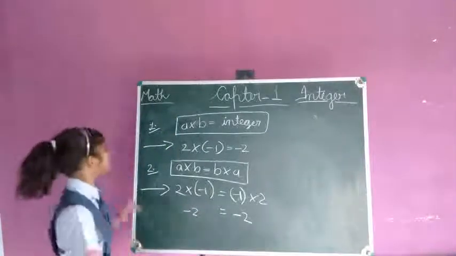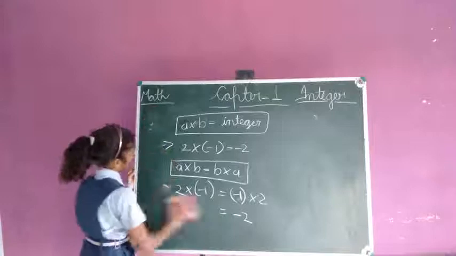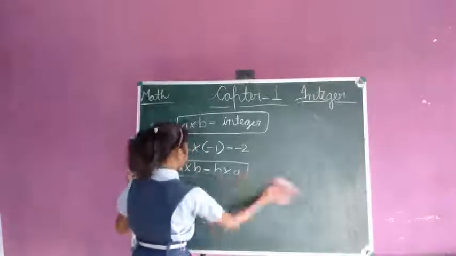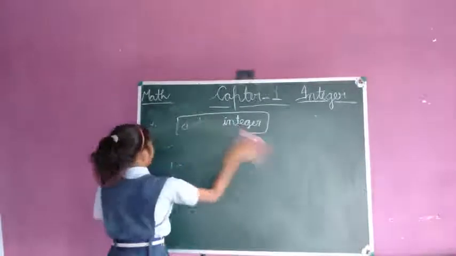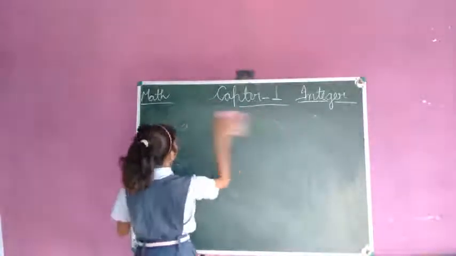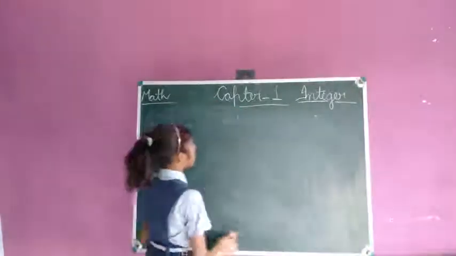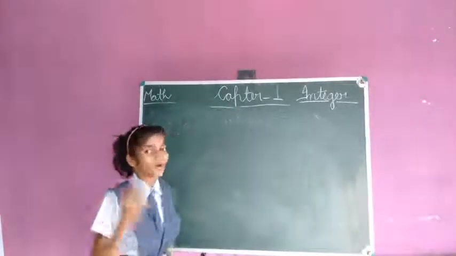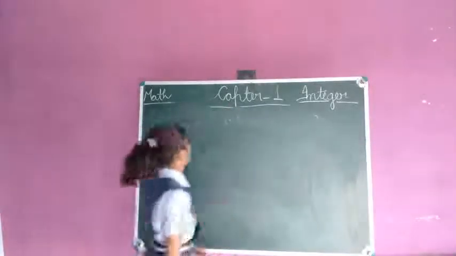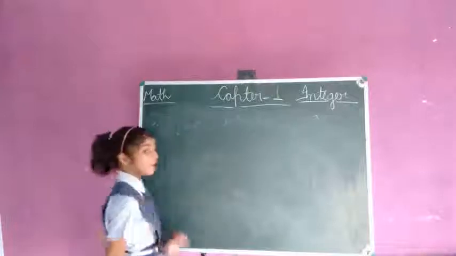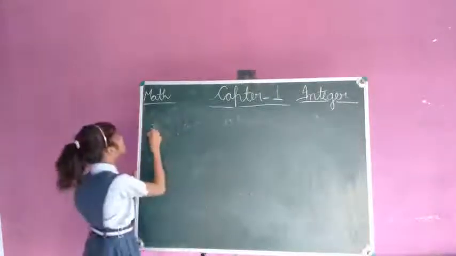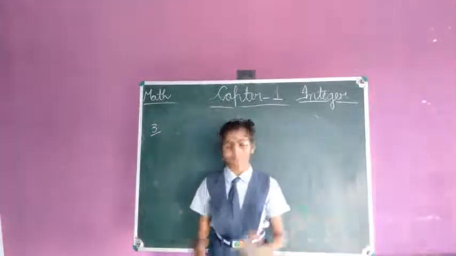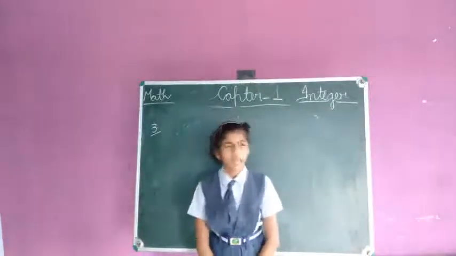Okay? So now our property number 3. Friends, I am enjoying this chapter and I think that you are all enjoying it more. Okay, so it is time for property number 3. Property number 3 is associative property. Okay?